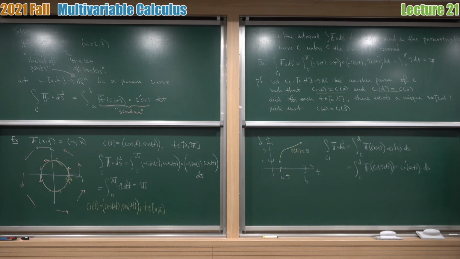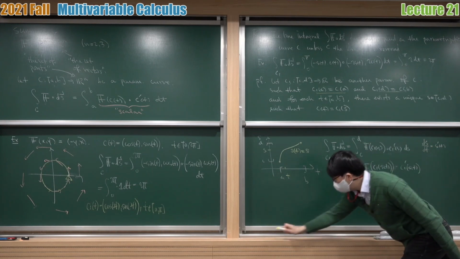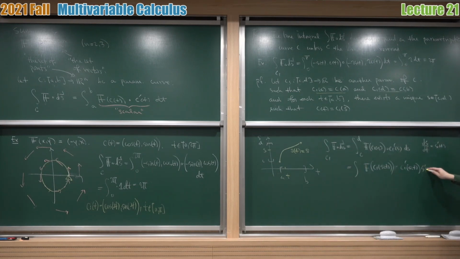We can also change ds in terms of t, because ds/dt equals s prime(t), so I can replace ds with s prime(t) dt.